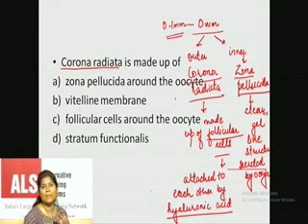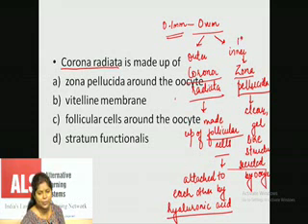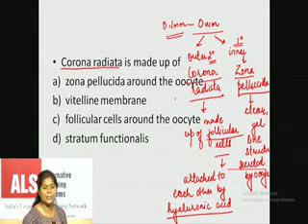So we have two membranes, the primary zona pellucida and secondary the corona radiata. The inner is said to be primary because this is formed first, and the outer is said to be secondary because it is formed next to it. We don't have any tertiary membrane.